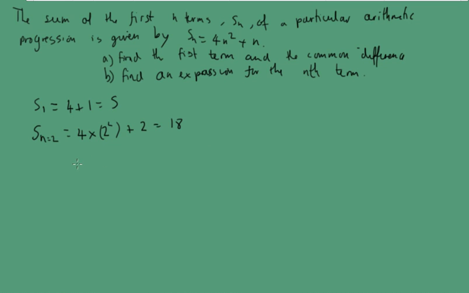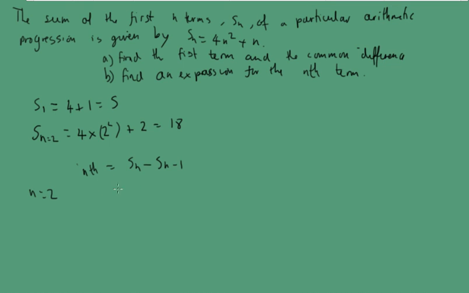Now the nth term is Sn minus Sn minus 1 from previously. So for n equals 2, we can find what that value will be.